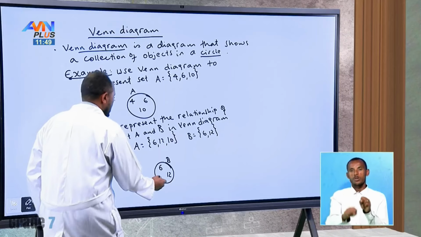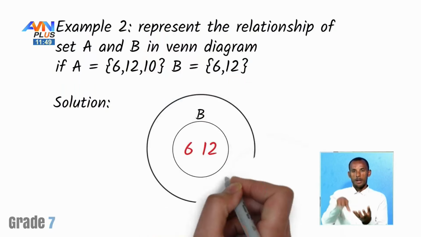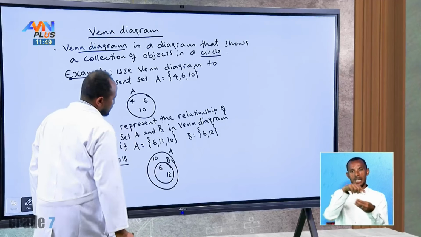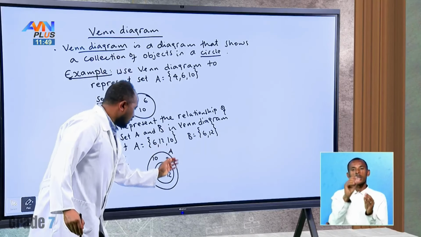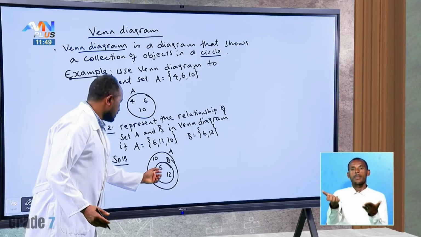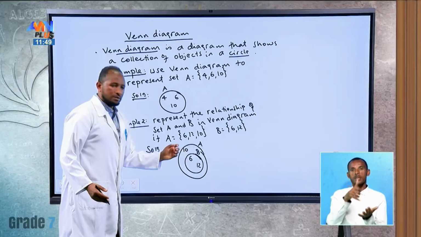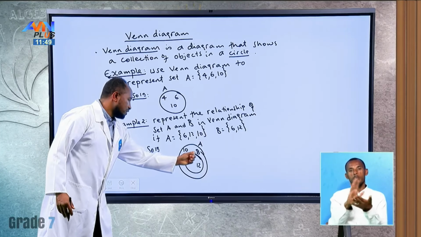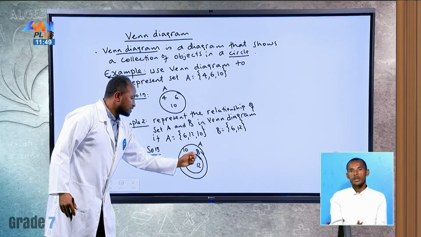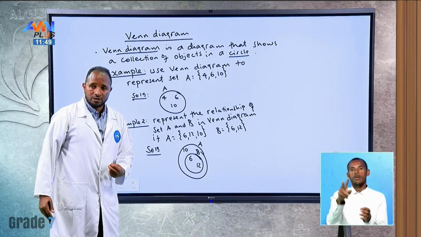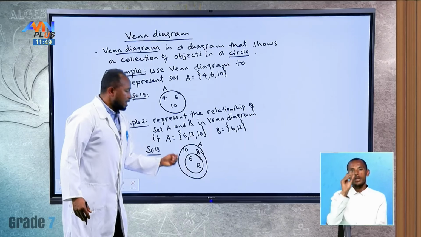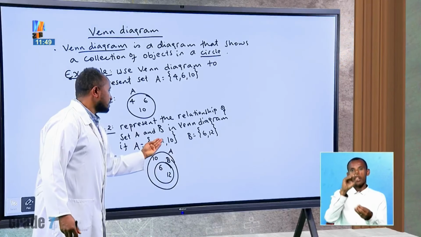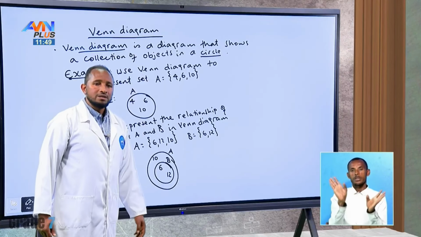So set A, in addition to this circle, has another circle containing 10. As you can see, set A contains all the elements inside this circle: 6, 12, and 10. And B contains only 6 and 12. So this is the relationship between set A and set B.